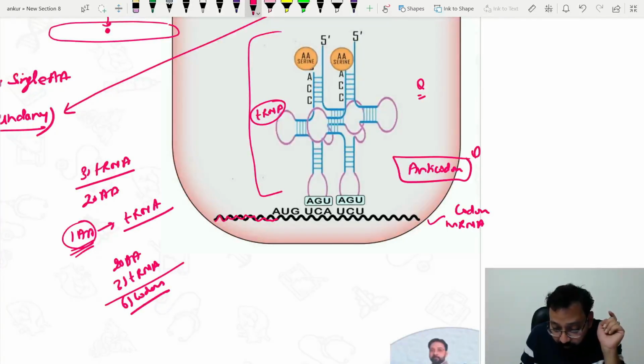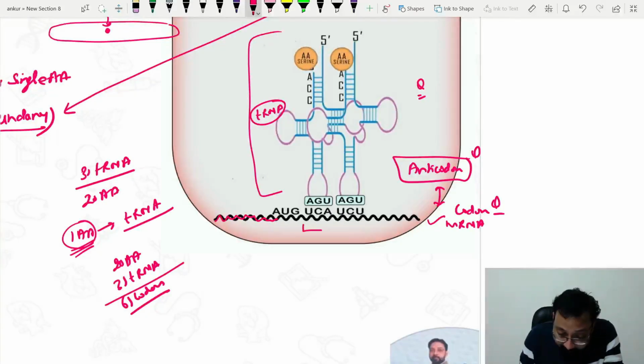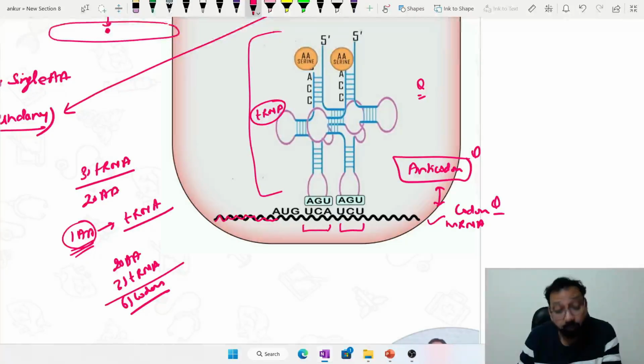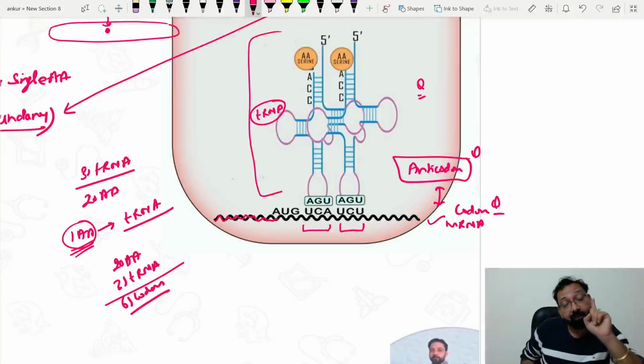Point it out: codon recognizes anticodon, or anticodon binds with codon. Now, suppose this messenger RNA has two codons, UCA and UCU, and serine has only one transfer RNA.